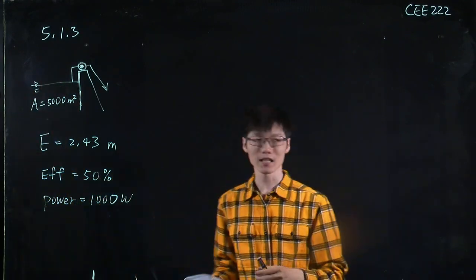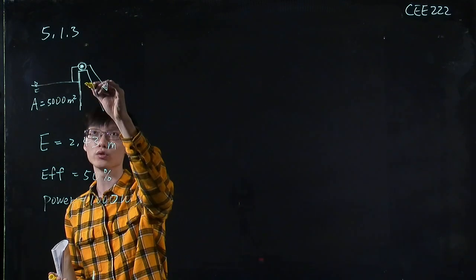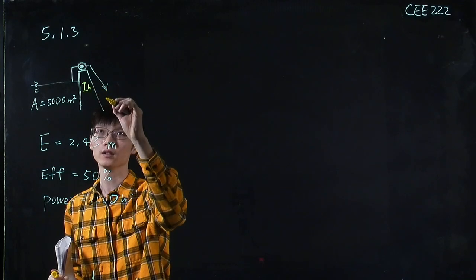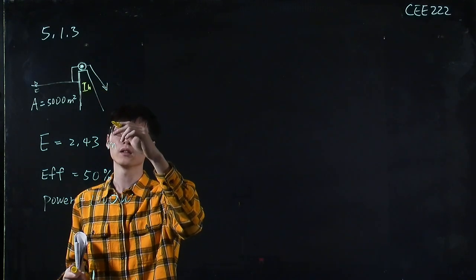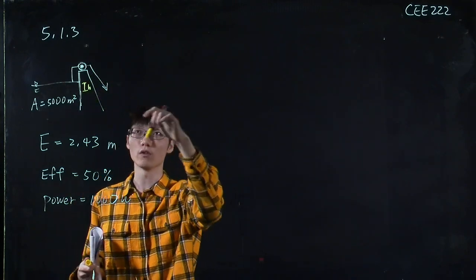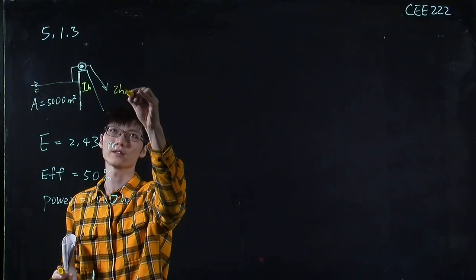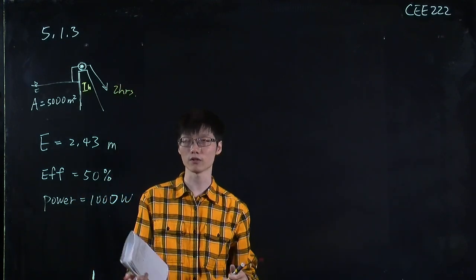And the question asks us, what is the drawdown if we use this pump to suck the water out for 2 hours? Okay, this is the question that we try to solve.